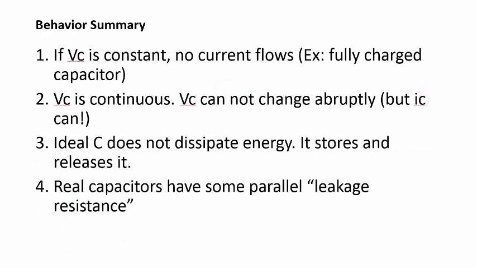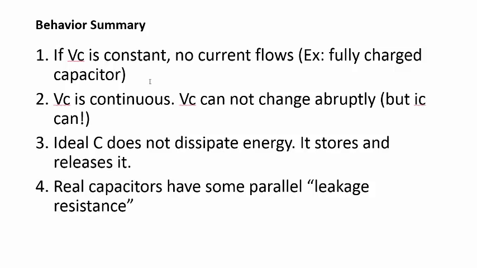How do capacitors behave in a circuit? Here's a behavior summary. These are really important concepts to remember about a capacitor. So VC means voltage on the capacitor. If the voltage on the capacitor is constant, no current is flowing. An example of this is a fully charged capacitor. If I have a circuit and I've waited for a long time until the circuit behavior is stable, this means, and we'll learn about it more in the next chapter, that we're not in the transient behavior mode.